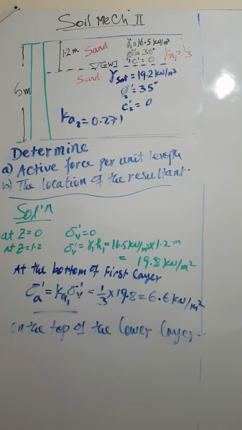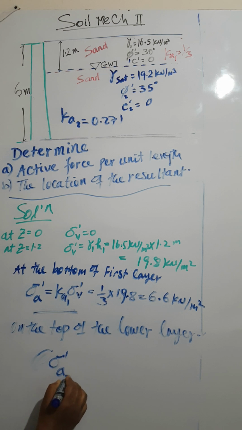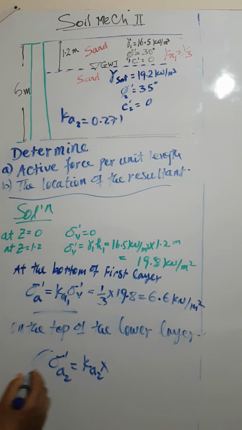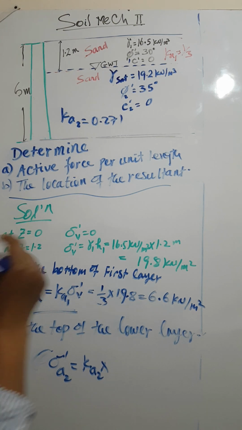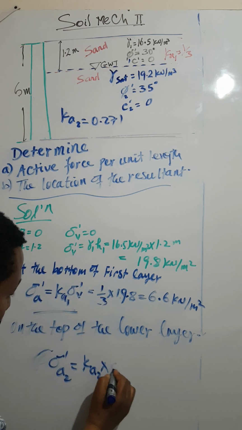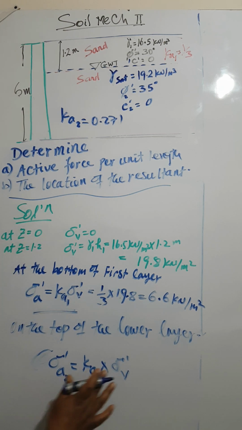On the top of the lower layer here we have the active stress 2, which is equal to K active 2 times the vertical effective burden experienced here.